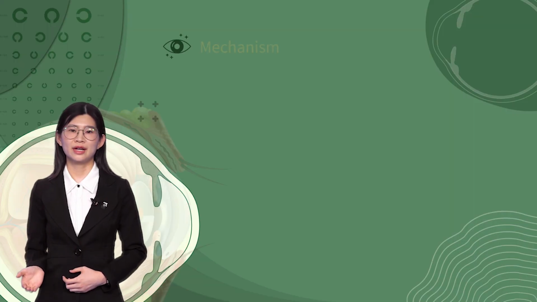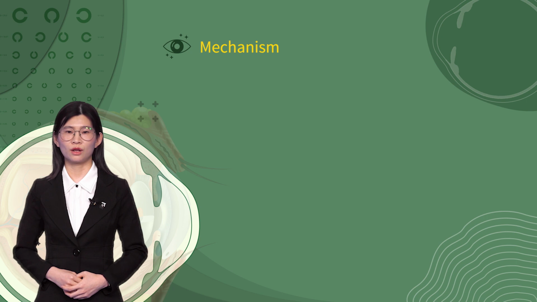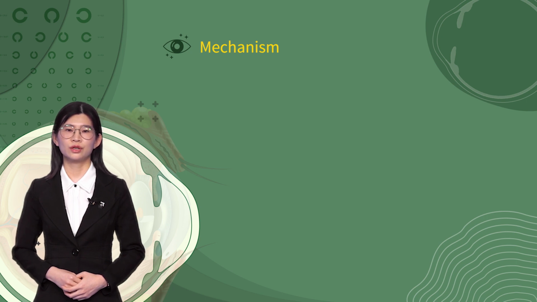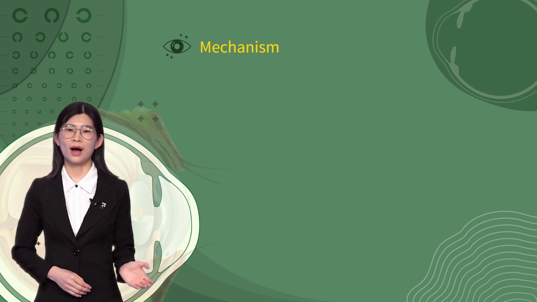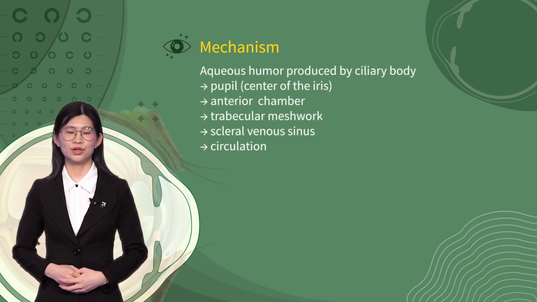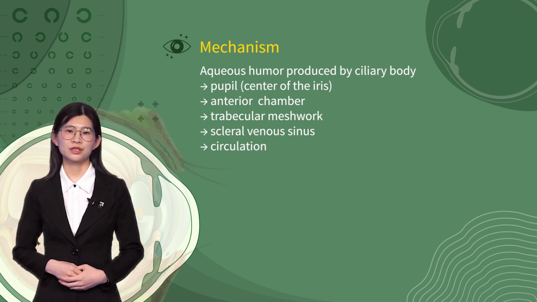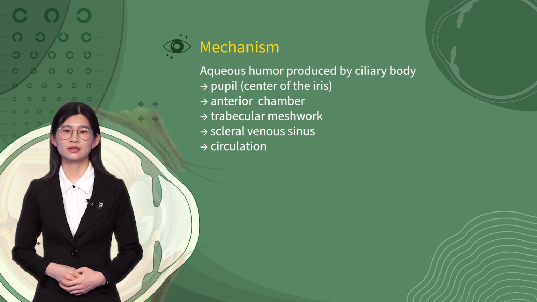In order to understand the mechanism of open-angle glaucoma, we first need to know the normal aqueous humor circulation pathway. In the normal eye, aqueous humor is continuously produced and drained. The picture shows us how aqueous humor normally circulates.